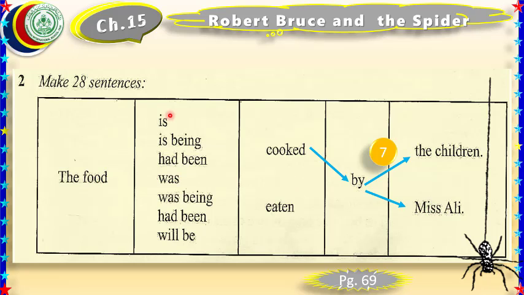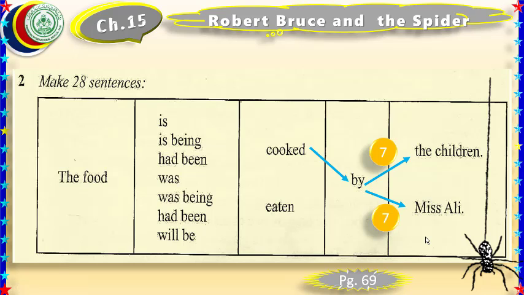The food is cooked by Miss Ali. The food is being cooked by Miss Ali. The food had been cooked by Miss Ali. First we made 7 sentences by using the children. Now can we make 7 more sentences by using Miss Ali? Yes.